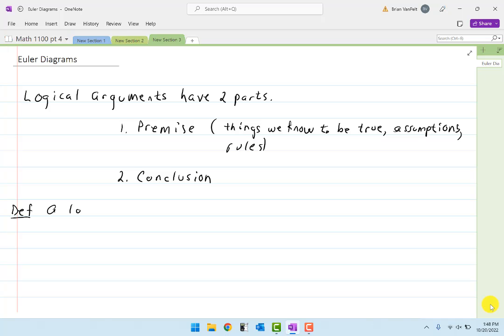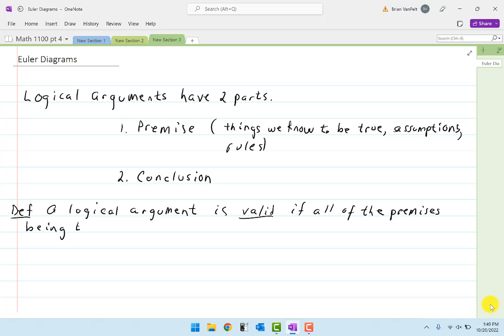A logical argument is valid if all of the premises being true force the conclusion to also be true.